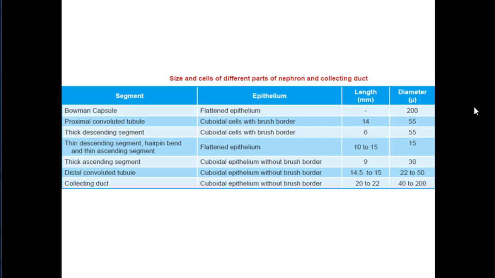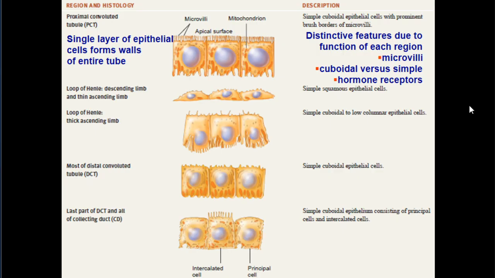Next thing which you have to recall is the size and, most importantly, the structure or type of epithelium which you have in the tubular system. Why is it important? Because the structure of it will determine the function. For example, in PCT, you will have brush border epithelium with the microvilli, which will significantly increase the total surface area, and this will favor reabsorption.